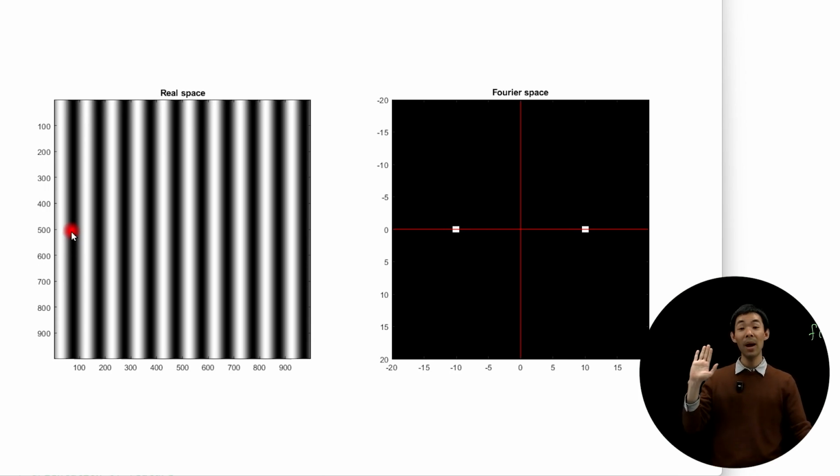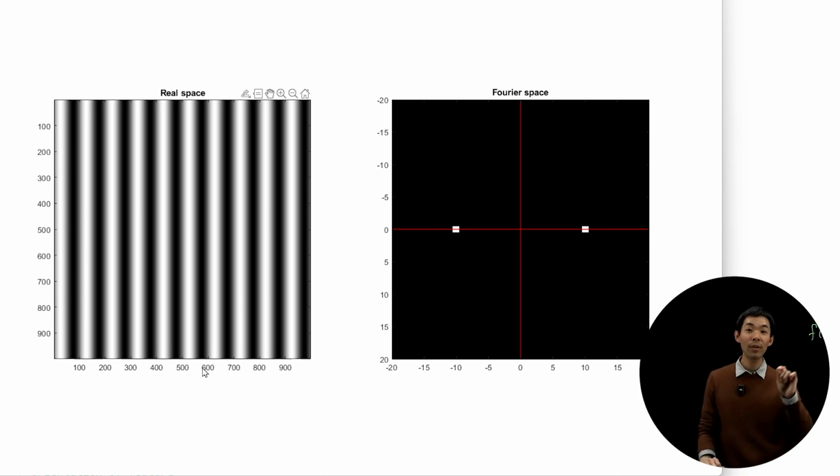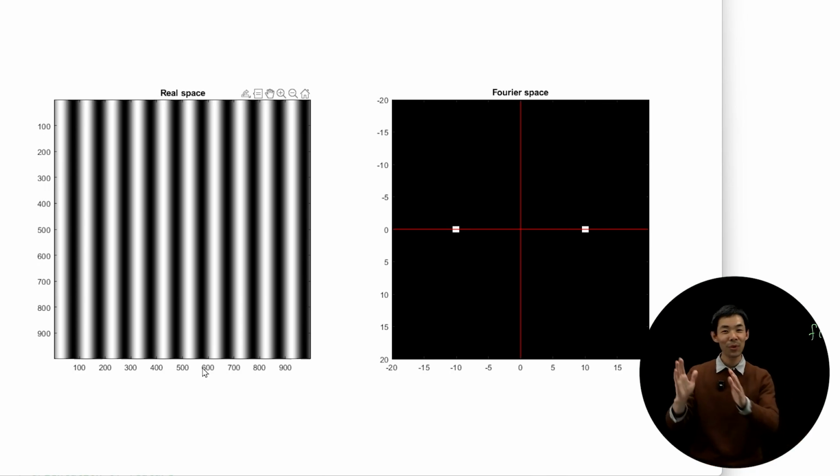So think of a mountain and valley that goes up and down, and you can see that it varies along the x direction, but along the y direction, there's no variation. It's just a constant. At every given value of x, it's constant along the y direction. So it's a wave that only varies in the x direction in 1D. So that's in real space.